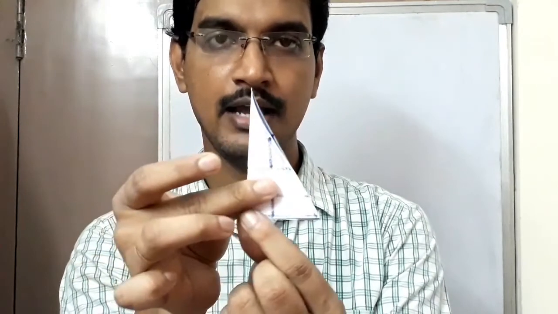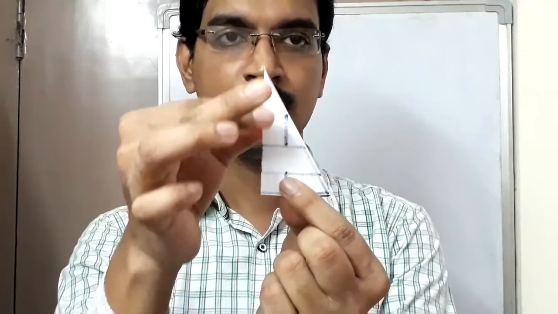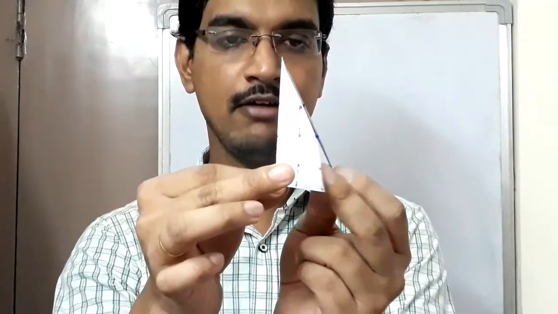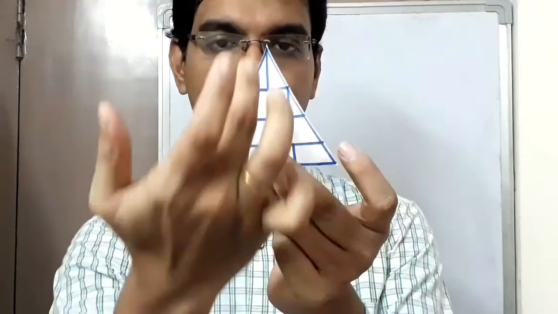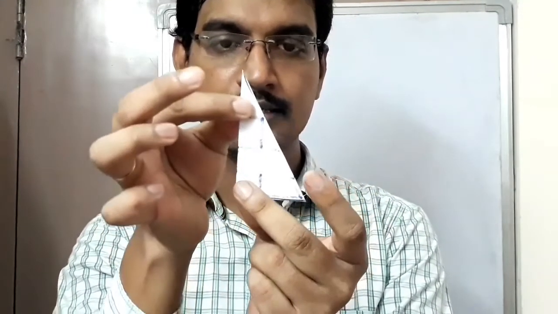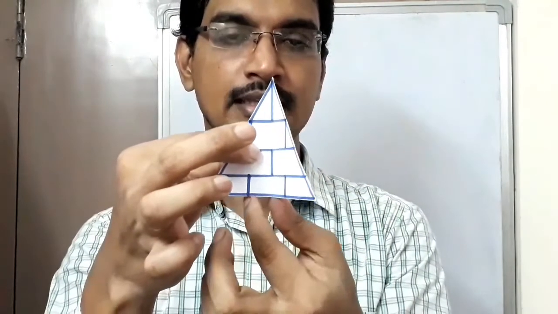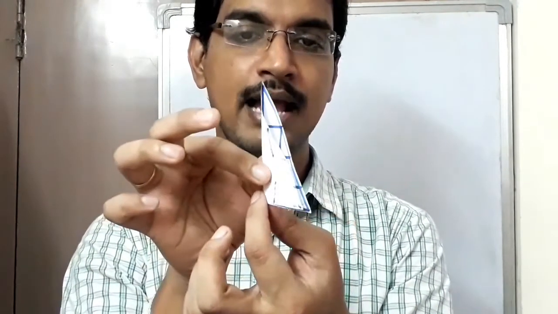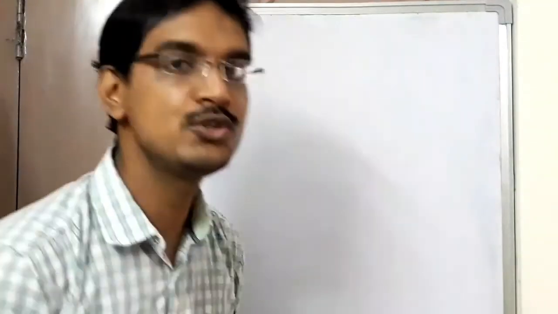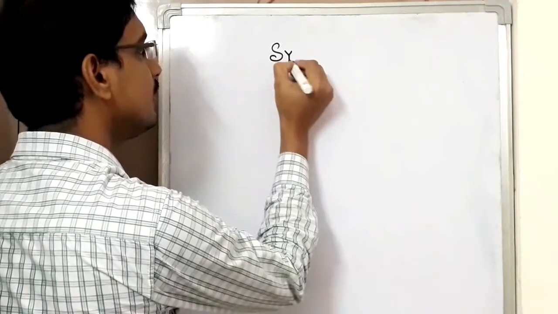So I am turning it like this, or folding it like this. What we have observed is, the portion on this side when we fold or flip like this is exactly matching with the other side. This is one of the concepts in maths and we call it symmetry. So the new chapter which we are going to discuss today is symmetry.